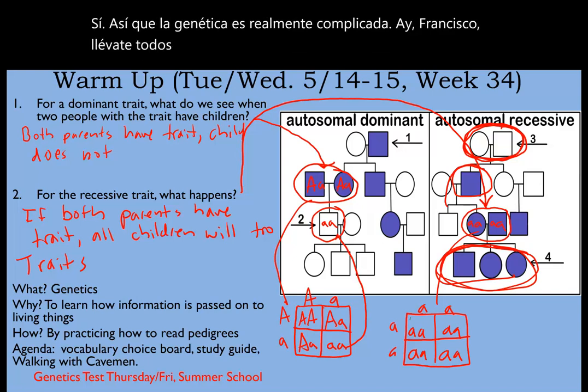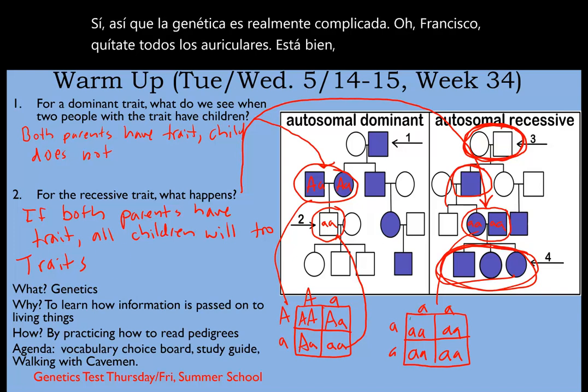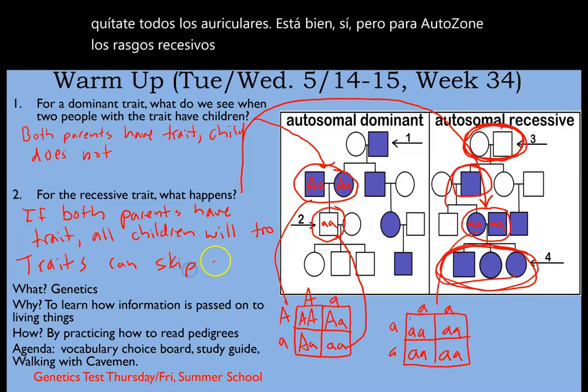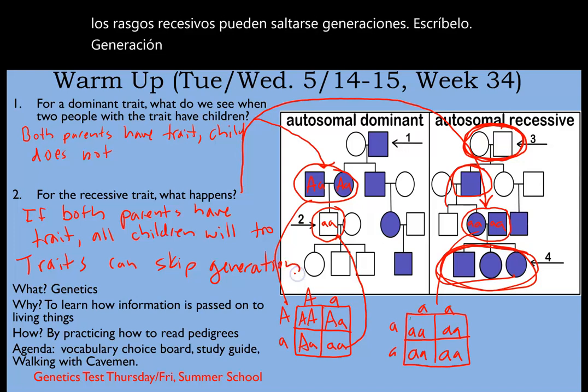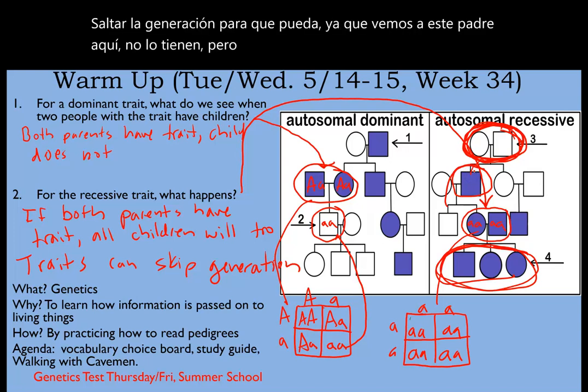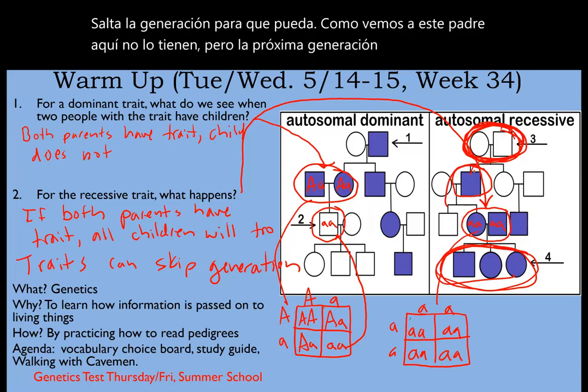Okay. Yes, but for autosomal recessive, traits can skip generations. Write that down. Skip generations. As we see, this parent here doesn't have it, but in the next generation, they have it. So there's generation skipping.